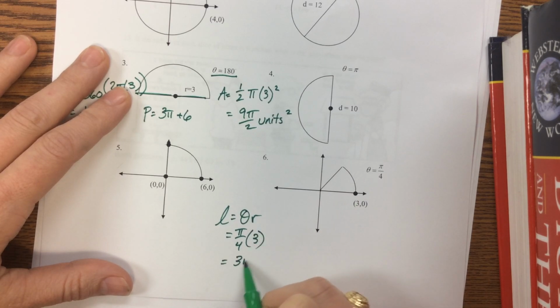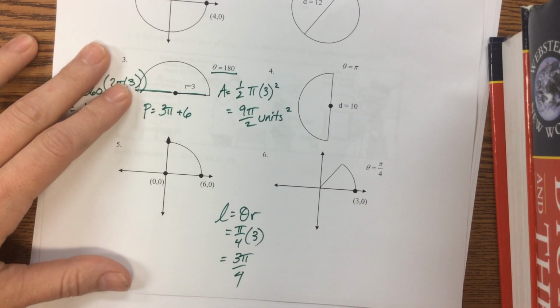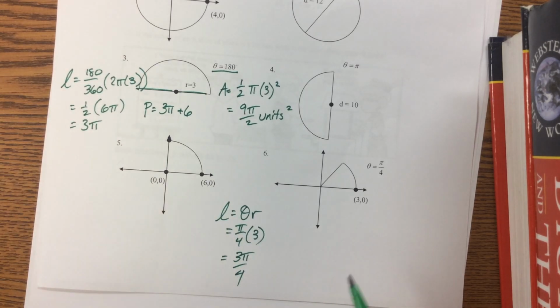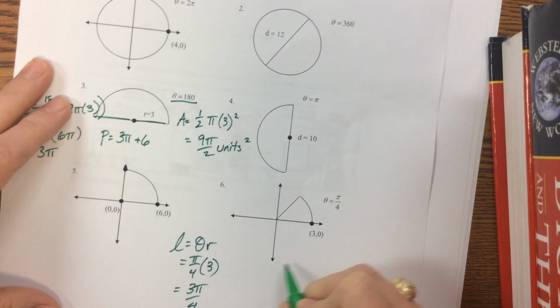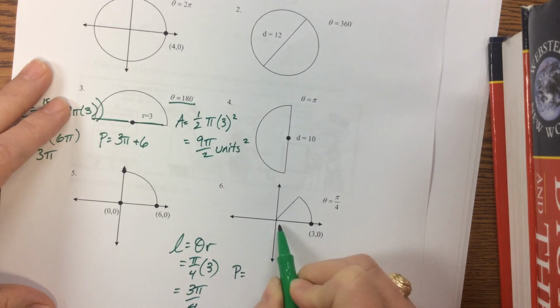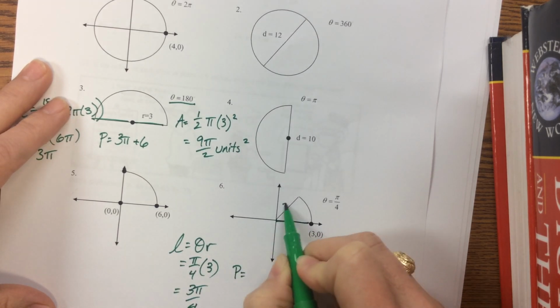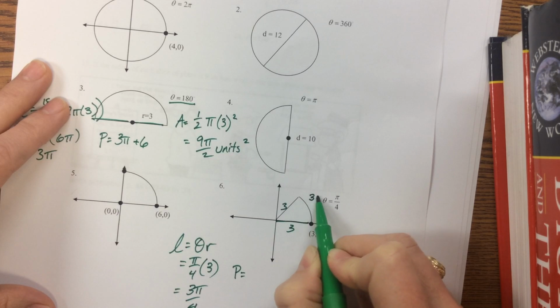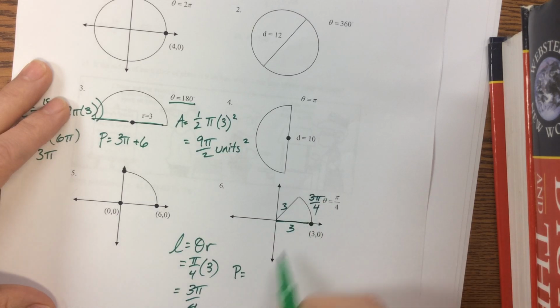So my arc length is just 3 pi over 4. And in all of these, we prefer an exact value unless they tell you otherwise. Should we do a perimeter on that one again? Sure, why not? This would be 3, this would be 3, and then we just said that this piece right here is 3 pi over 4.